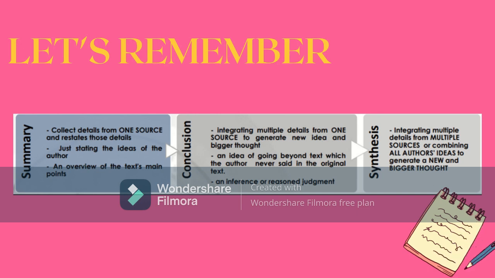It is also an idea of going beyond the text which the author never said in the original text. And also, it means an inference or reasoned judgment. Lastly, when we say synthesis, it means integrating multiple details from multiple sources or combining all authors' ideas to generate a new and deeper thought.